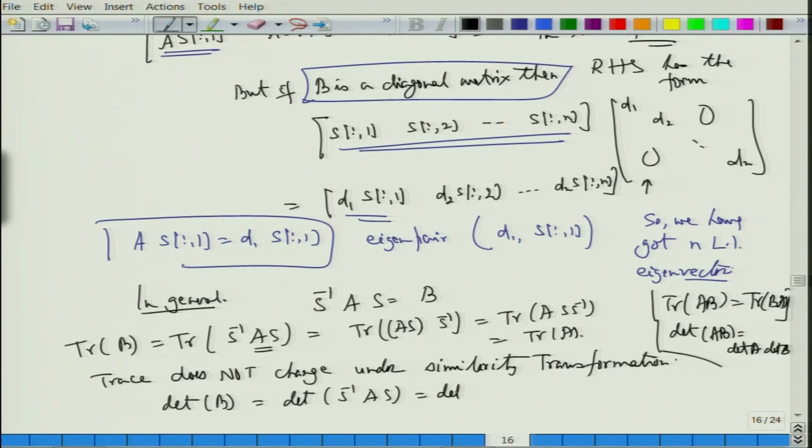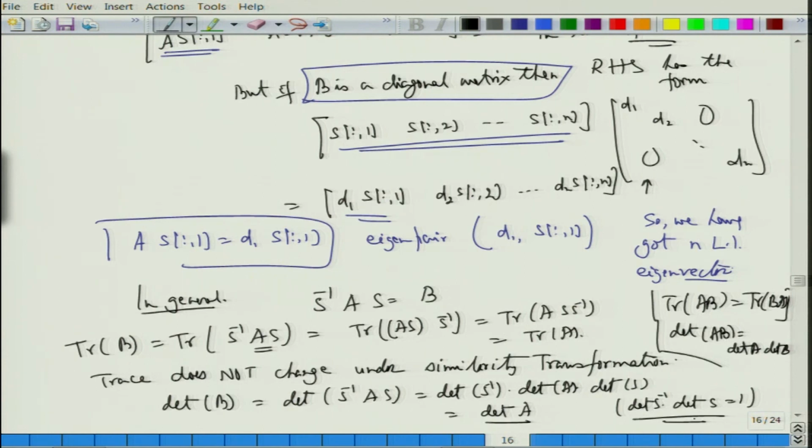So determinant of S inverse into determinant of A into determinant of S, which is the same as determinant of A. Fine, because determinant of S inverse is 1 over determinant of S. All right. Fine. So you can see that under similarity transformation, the trace and determinant do not change.